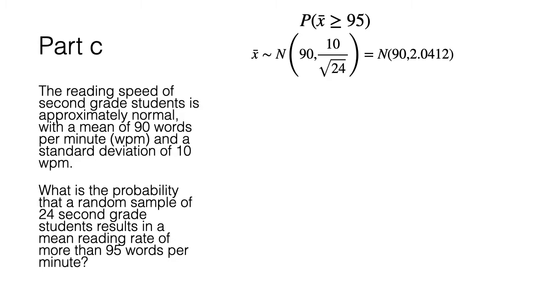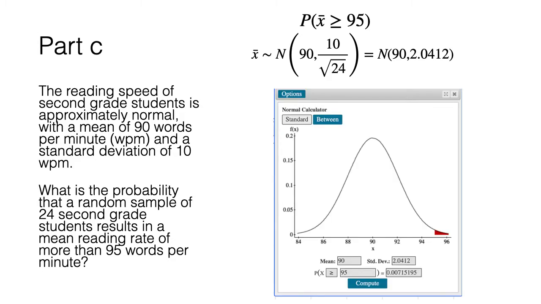Again, please feel free to double check me. I just made the appropriate updates here and here, and notice that this probability is even smaller, 0.0072, rounding to 4 decimal places. This is an example of one of the ways that we can use the sampling distribution of X bar.